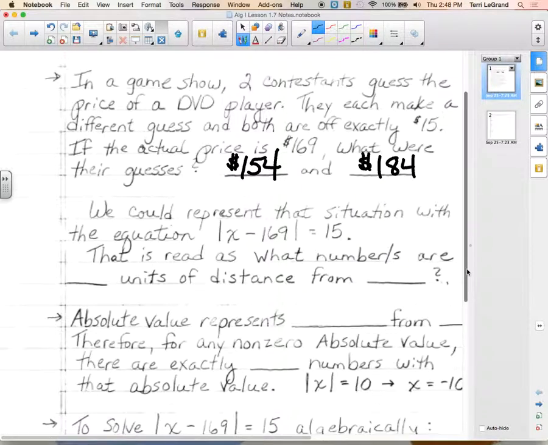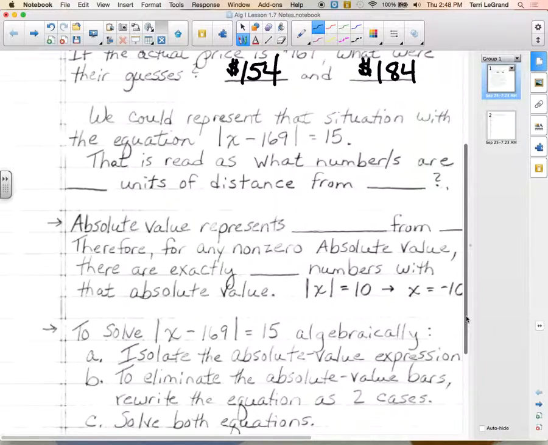Okay. Well, we can represent that situation with an equation, because you know how I am. I say we can pretty much do everything we want with algebra. We can write an algebraic equation for just about everything. So we can represent that situation with this equation: x take away 169 in between those vertical line segments that I said we're going to call what?